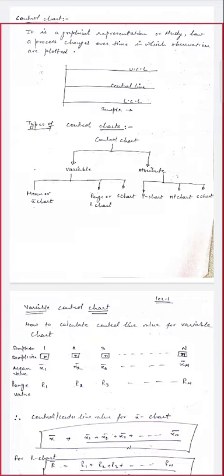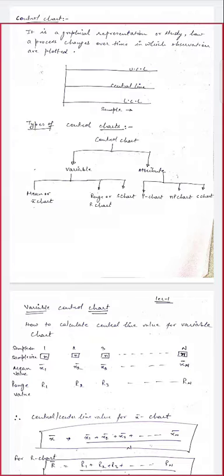So control charts are basically of two types. One is variable and second is attributes. In variable charts, we measure the quantities, and in attributes we count the number of defects, etc. Basically our variable charts follow the continuous probability distribution, and our attribute charts follow the discrete probability distribution.